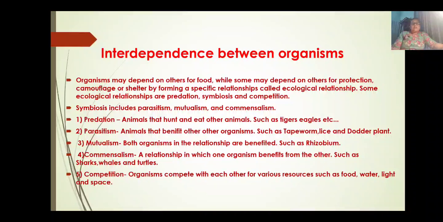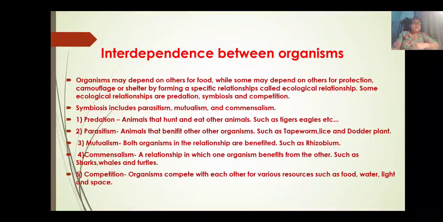Like for example, some organisms may depend on others for food, while some may depend on others for protection, camouflage or shelter by forming specific relationships called ecological relationships, where we have many other relationships, no. So similarly we have ecological relationships here, how on the basis of the ecosystem one organism is directly linked with another organism, how that particular organism is being utilized by another form of organism.